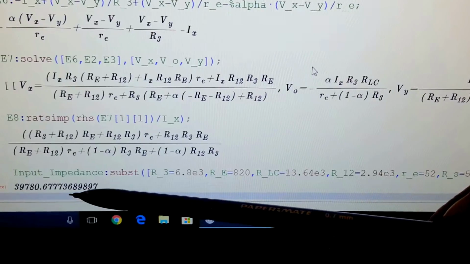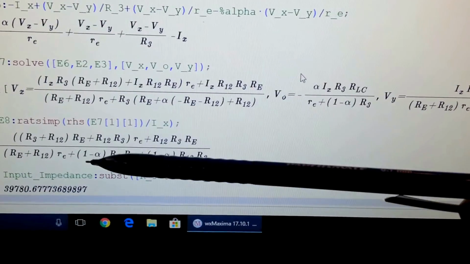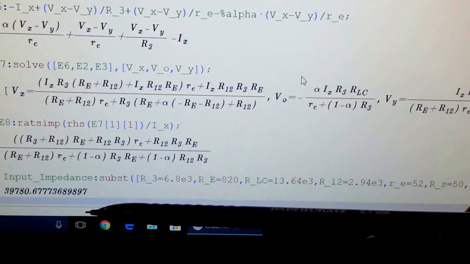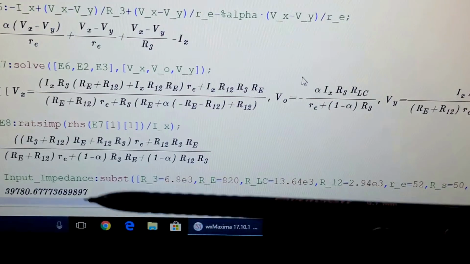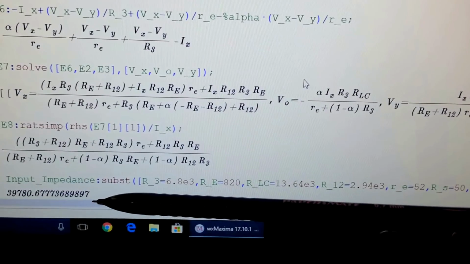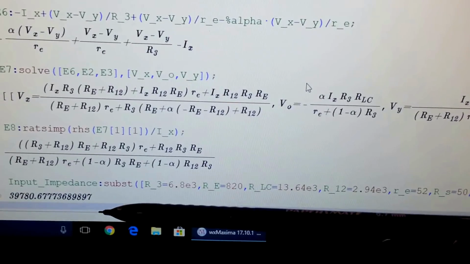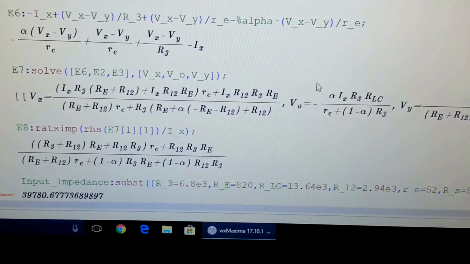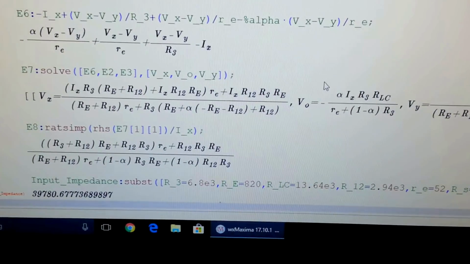So as you can see, the positive feedback that we used is helping us to increase our input impedance from 2.85 kilo ohms to 40 kilo ohms. That's a lot of increase in input impedance, and that is what positive feedback can do.